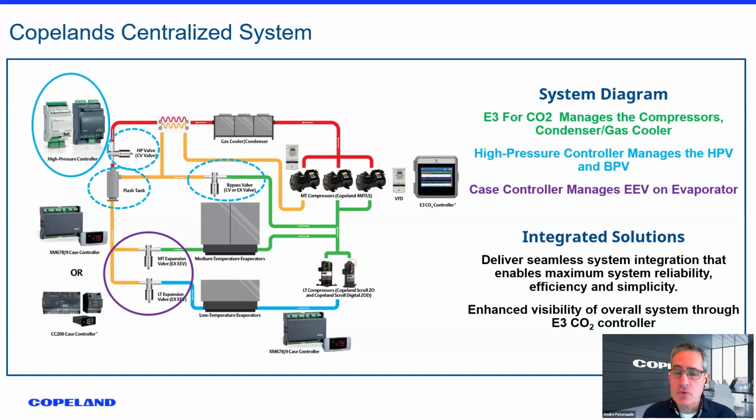As we drill into these systems, as we at Copeland troubleshoot these systems, we're finding that a lot of systems that aren't performing properly are that way because the gas cooler and high pressure valve were not synced together. They were set up, no fault of the individual if he wasn't properly trained, not to play nice.